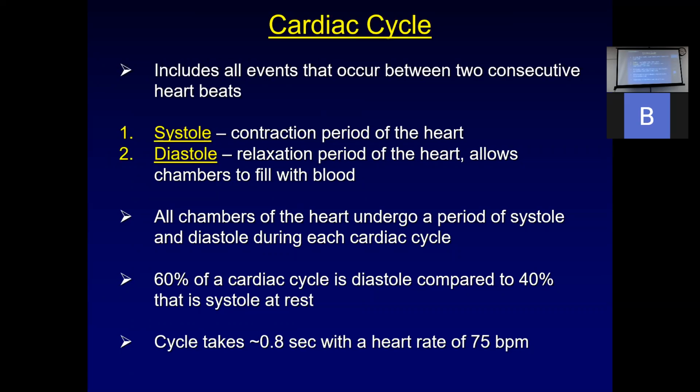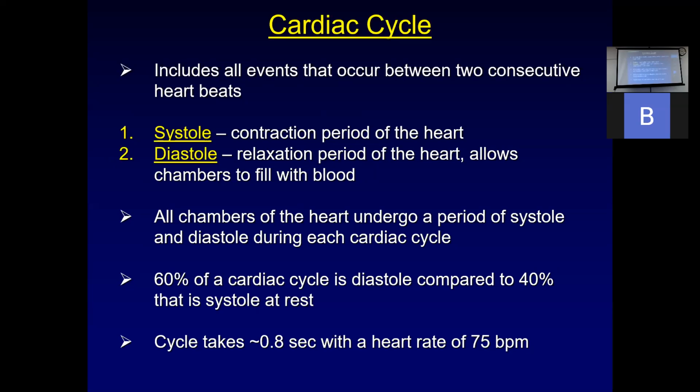If you imagine a resting heart rate of about 75 beats per minute, that means a cycle takes about 0.8 of a second. 60% of that 0.8 of a second is relaxation, and 40% of that 0.8 is contraction. This is important, and I'll try to explain why.